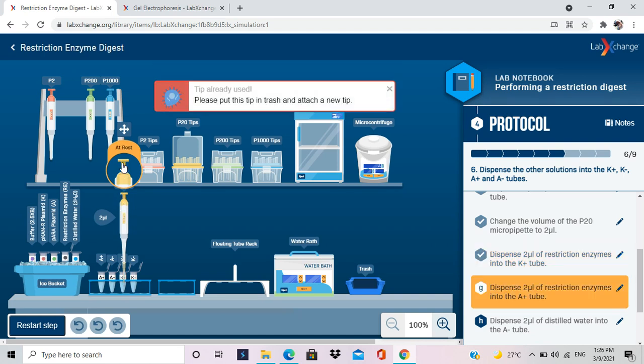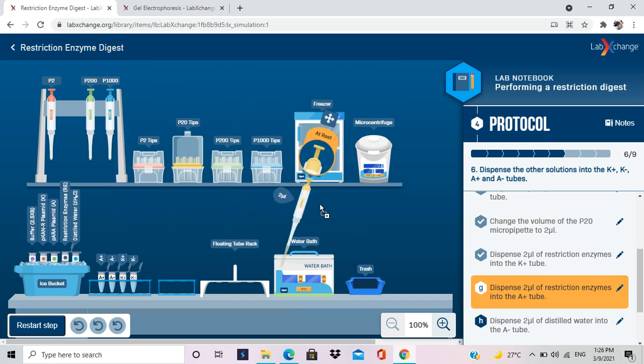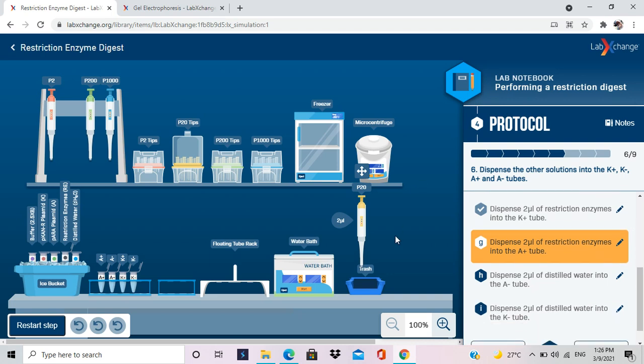For the second stop, I reject the tip again and repeat it for the A plus tube.